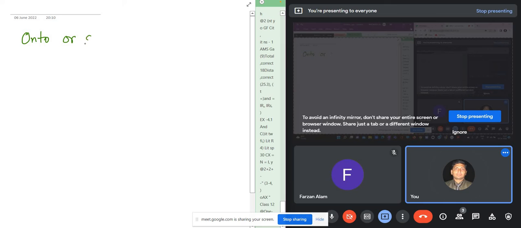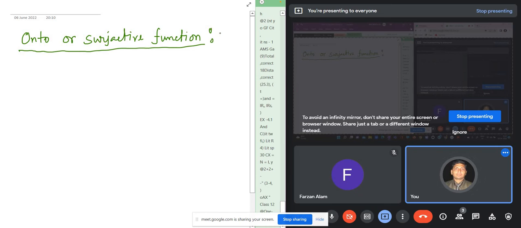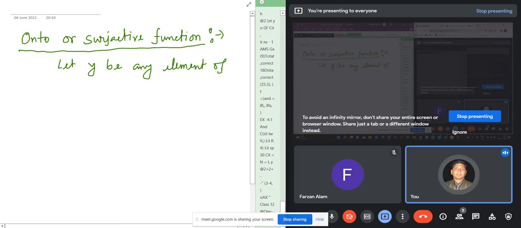Onto or surjective function. So how will we prove this? Here let y be any element of the codomain.